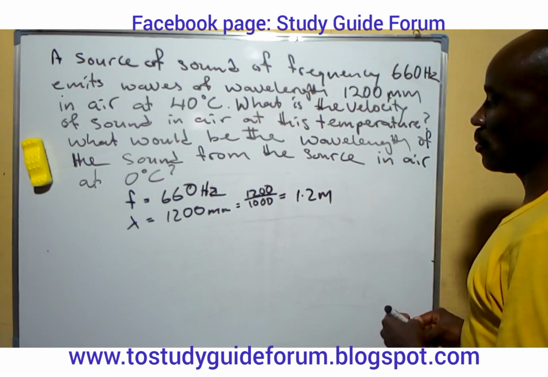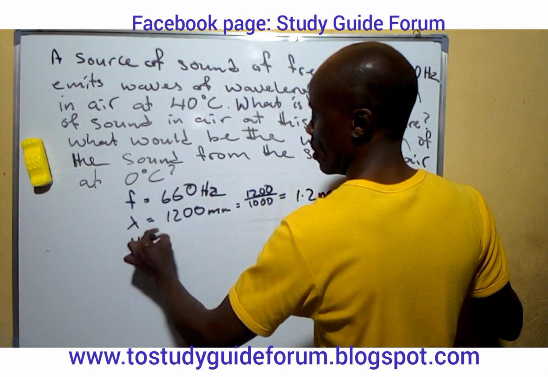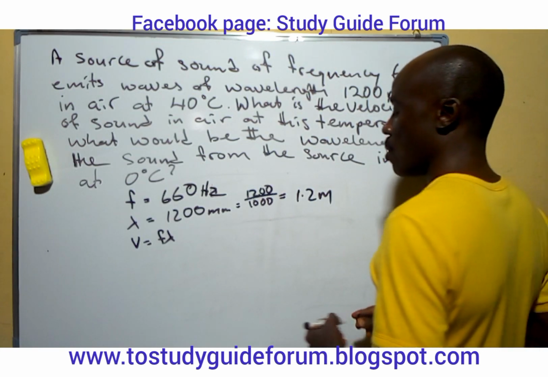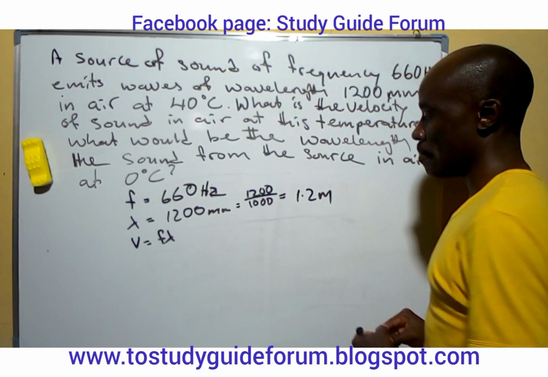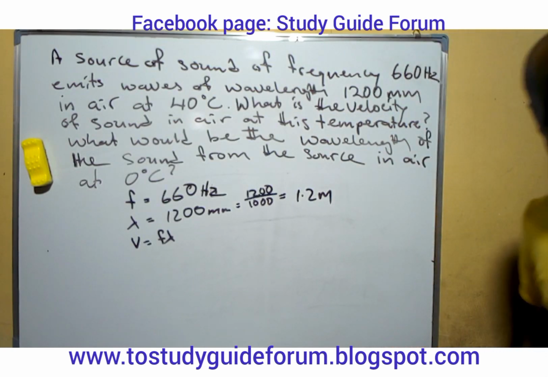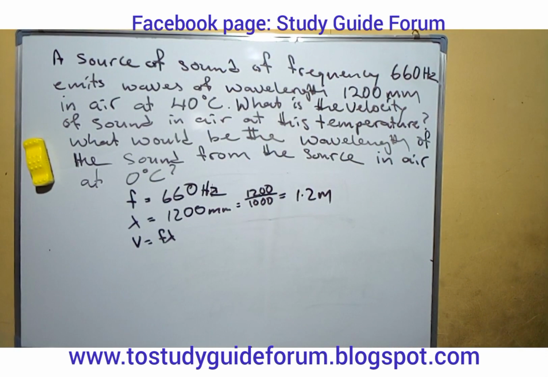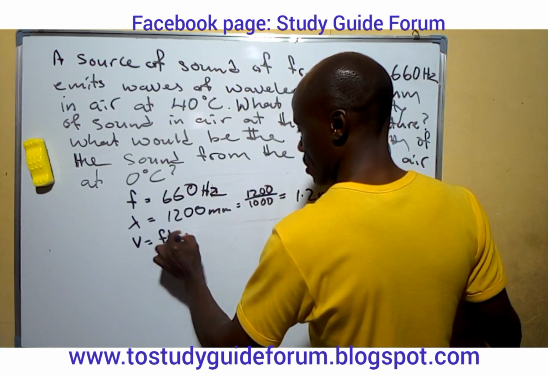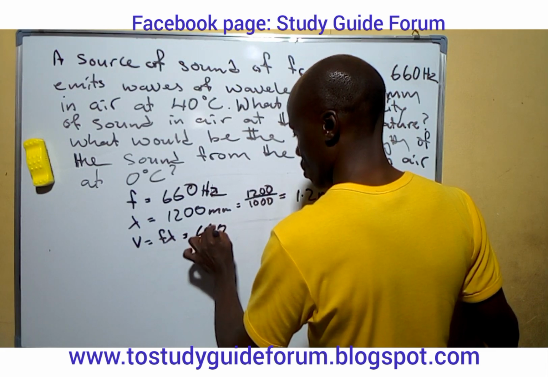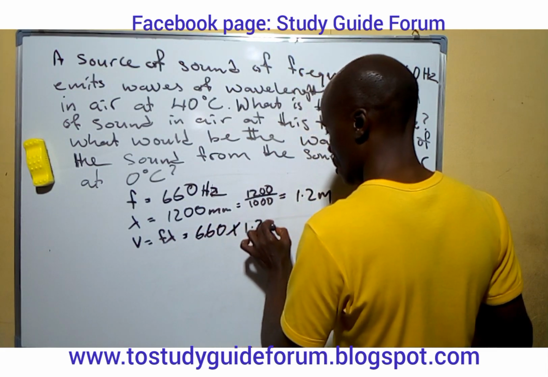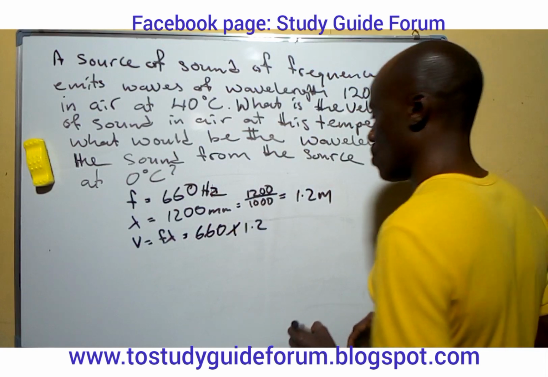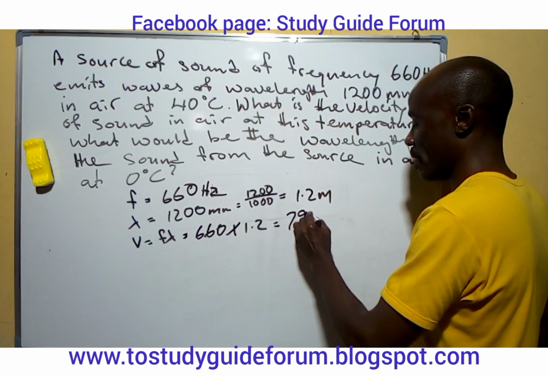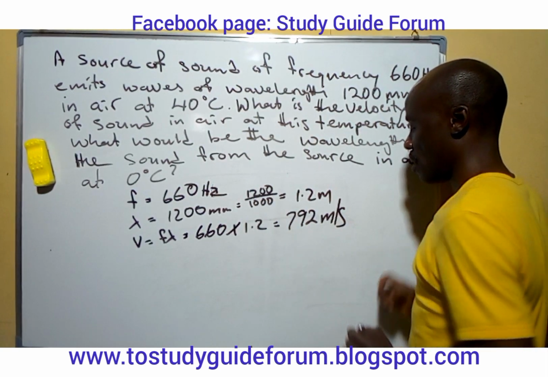We know that velocity is always frequency times lambda. So frequency times lambda means 660 times 1.2, not 1.8. That will give us 792 meter per second.